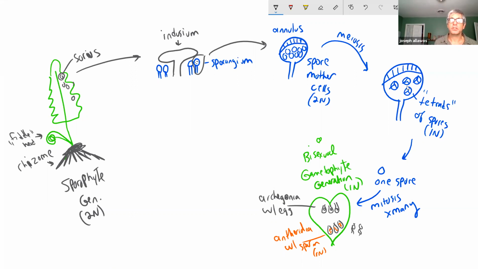But once fertilization occurs, we'll show one of these little sperm swimming down the neck and fertilizing one of the eggs. And so our next picture might look like this. We're going to have a zygote now.